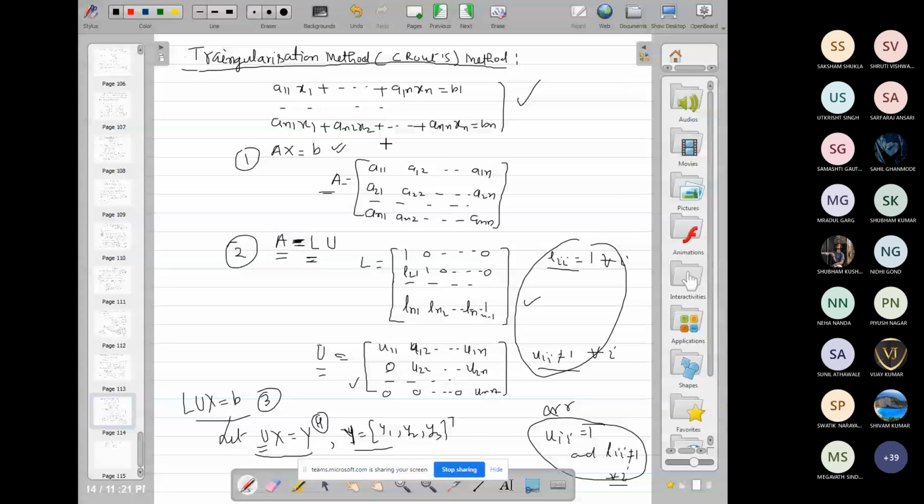Consider one example. Also, when we take Lii equal to 1, then it is known as the Doolittle method.